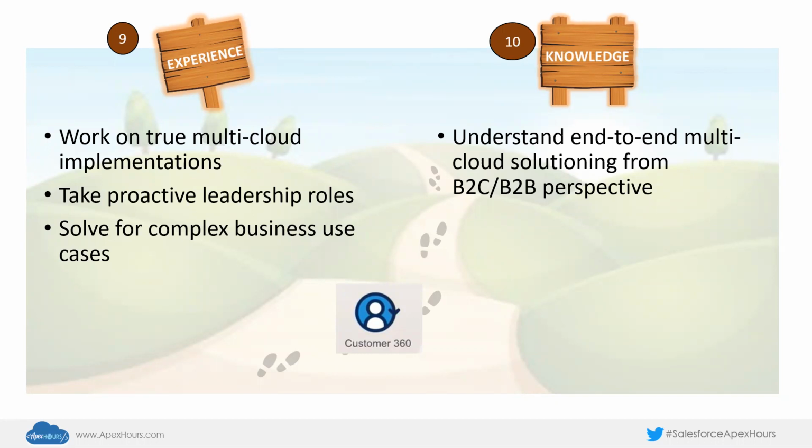Then expand into related clouds and build your expertise around that. If possible, have at least a two-cloud solution and gain expertise in that area as well. Look at affiliated products like MuleSoft and Heroku, which plug into different areas in Salesforce, build that expertise and potentially take certifications in those areas.